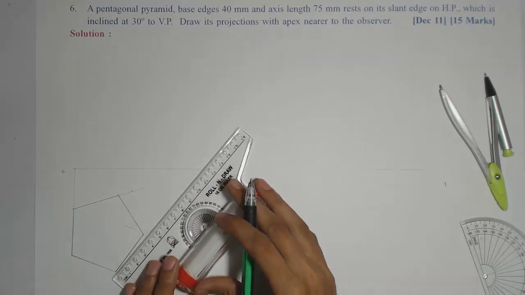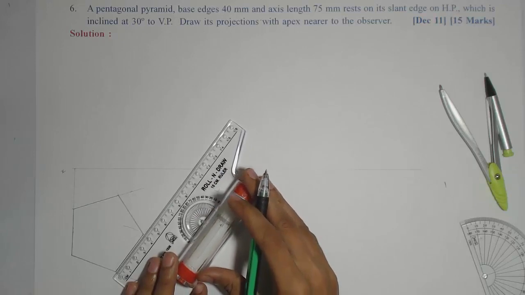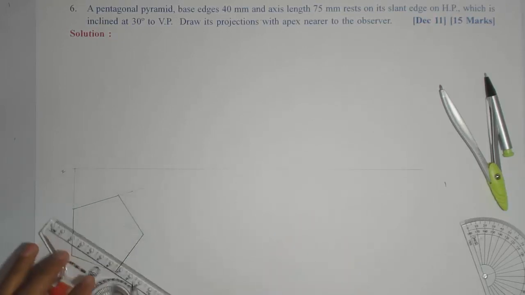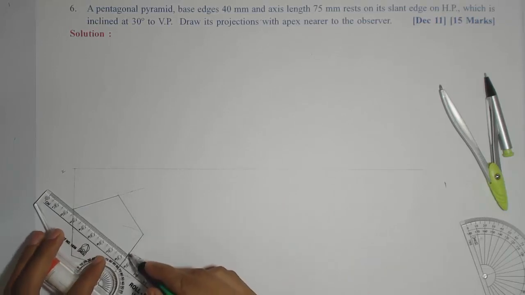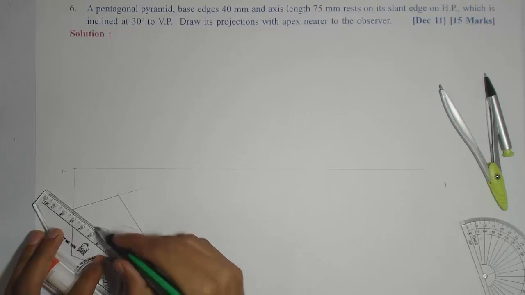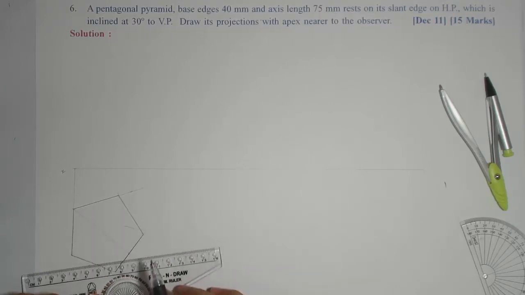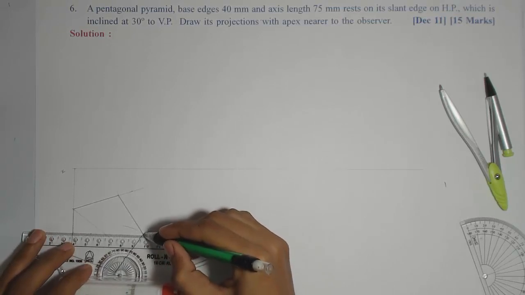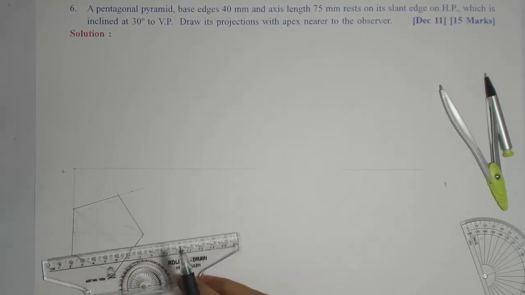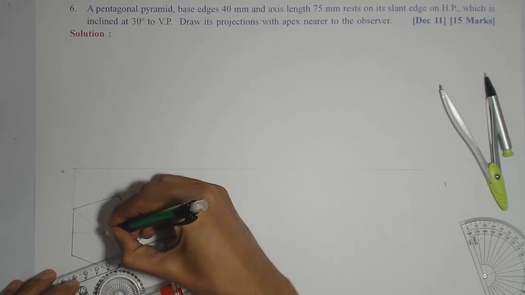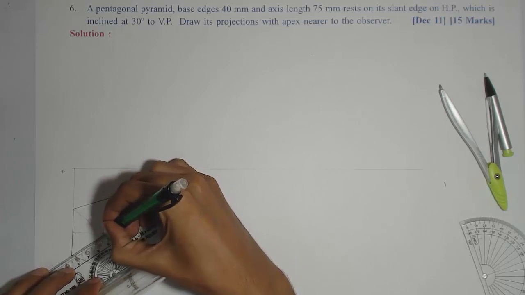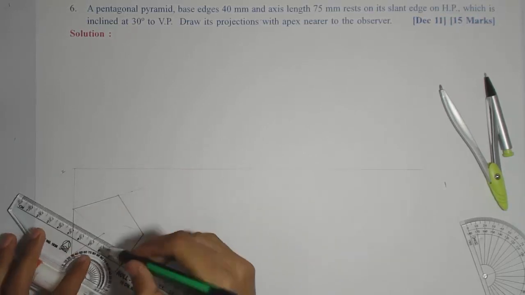We are marking midpoints of any two sides, and after joining with opposite corners, we'll get the apex. Now we'll show the slant edges by joining the apex, which is this point, with each corner. And these edges are nothing but the apparent slant edges and not the true shape.